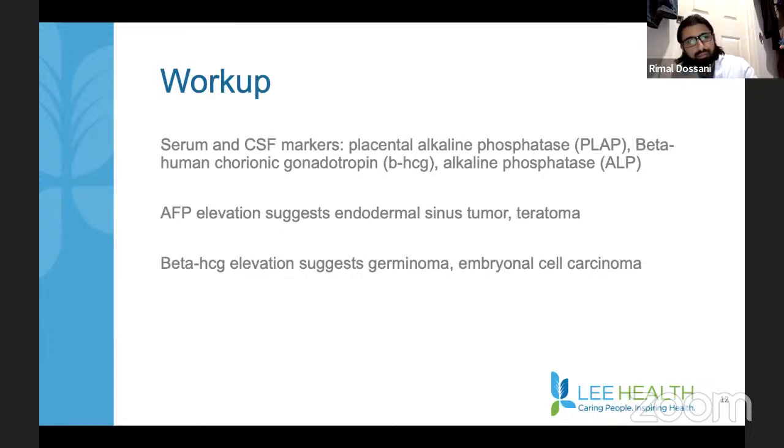Elevation of AFP suggests endodermal sinus tumor or diagnosis of a teratoma, and elevation of beta HCG suggests germinoma or embryonal cell carcinoma.